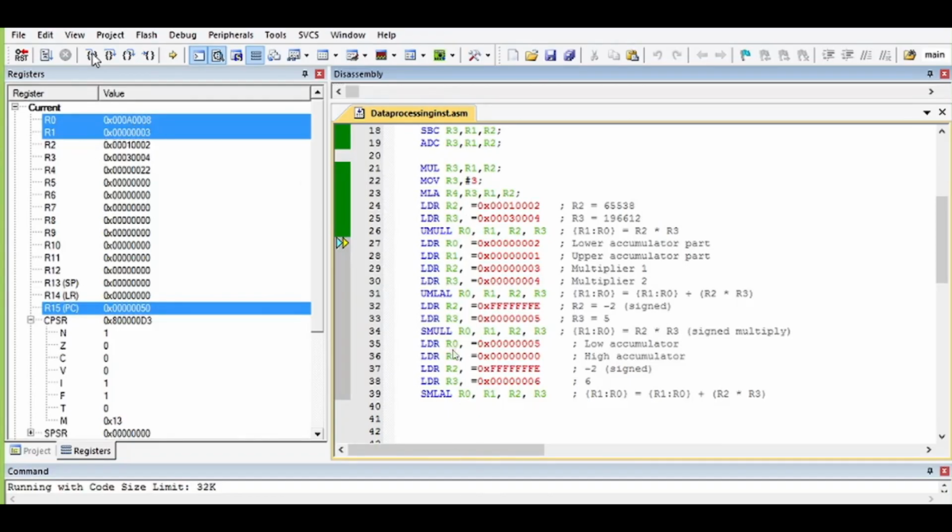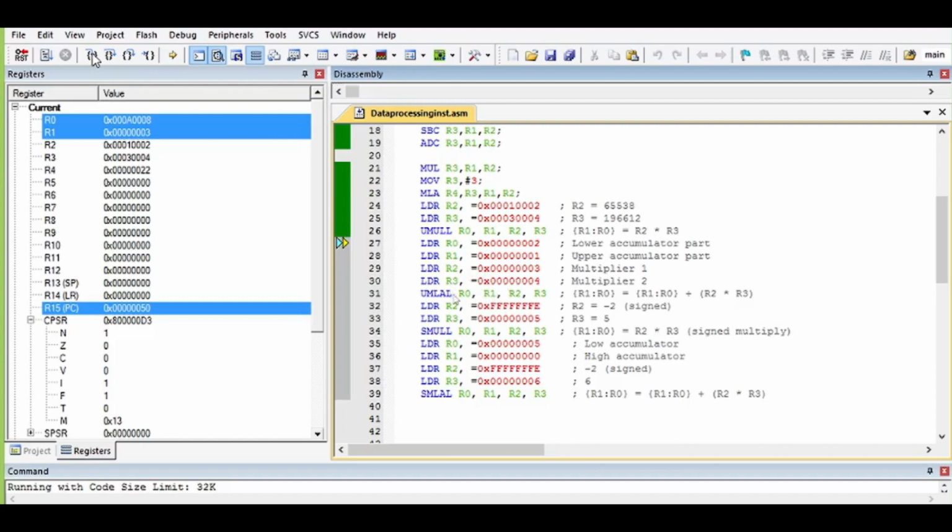Then we have one more instruction called unsigned multiply accumulate long. In this particular case, we are multiplying R2 with R3, and the result of that we are adding with the content already stored in R0 and R1.